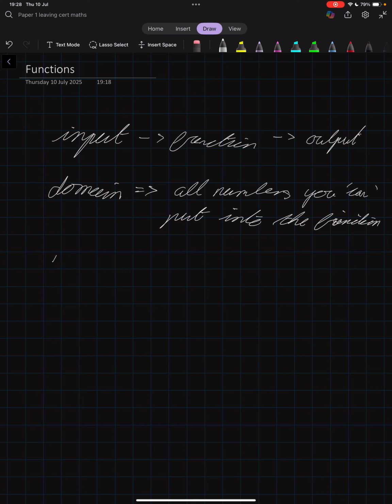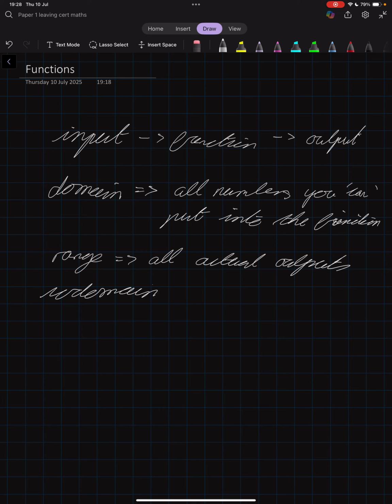Your range is all actual outputs. And then you have a codomain, which is just all outputs, period. So a range is basically, sorry, that just looks really messy.